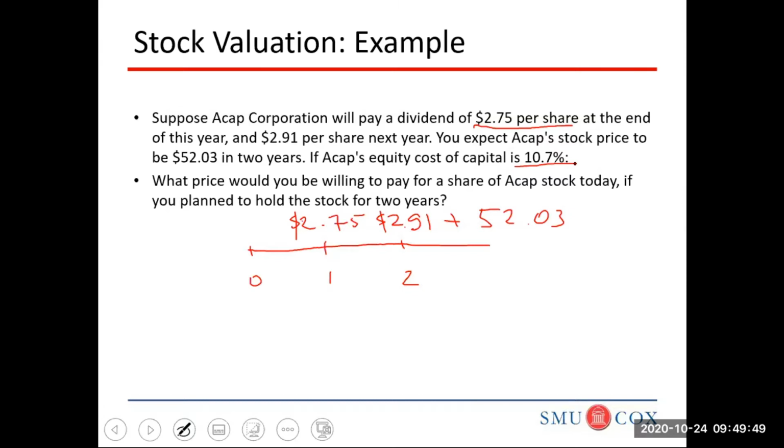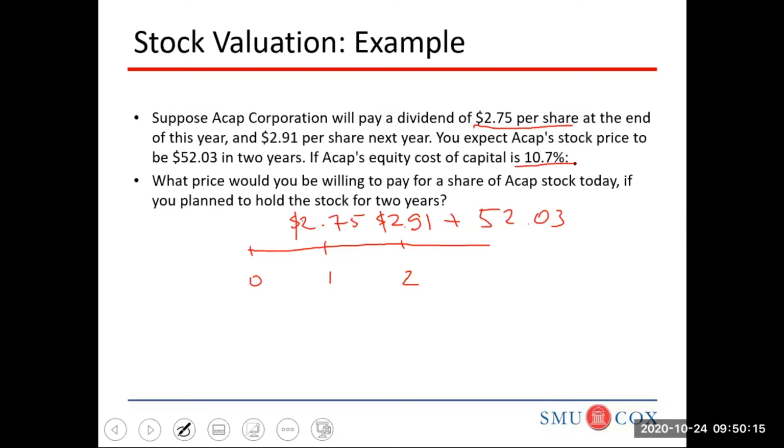Once you lay it out on the timeline, it's very similar to what you've had for bonds, right? So we can use a financial calculator. The difference, though, is that for bonds, the payments were the same. Coupon payments are contractual payments. For stocks, they're all different.